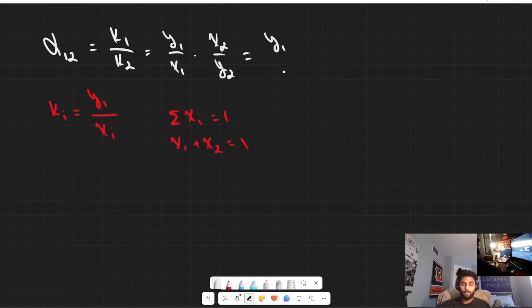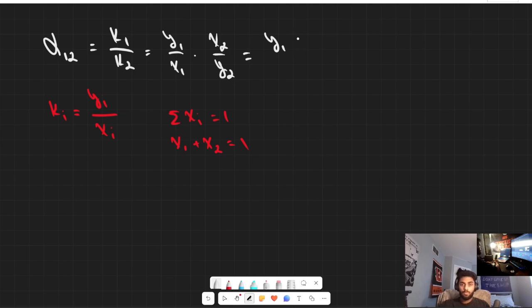Our goal here is to define the vapor mole fraction of this more volatile component, which would be our first component by definition. We are trying to get this vapor phase mole fraction in terms of the liquid phase mole fraction of that component and the relative volatility.